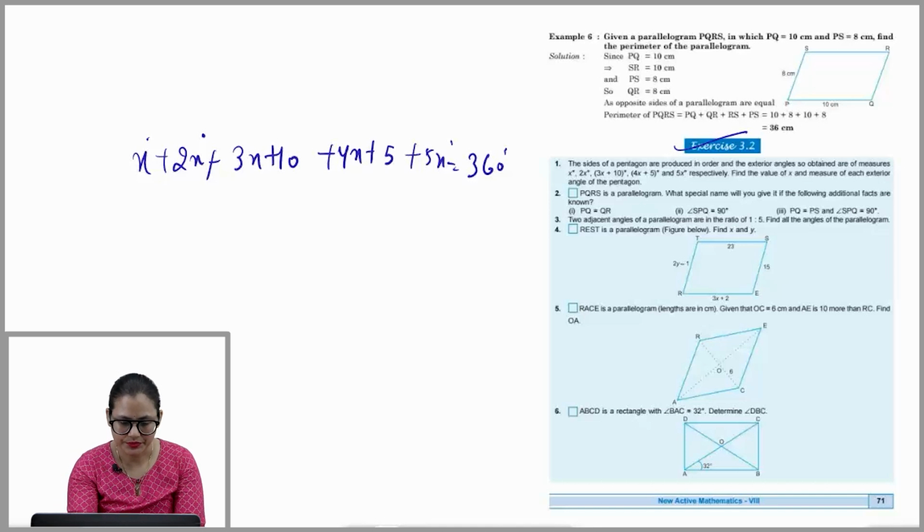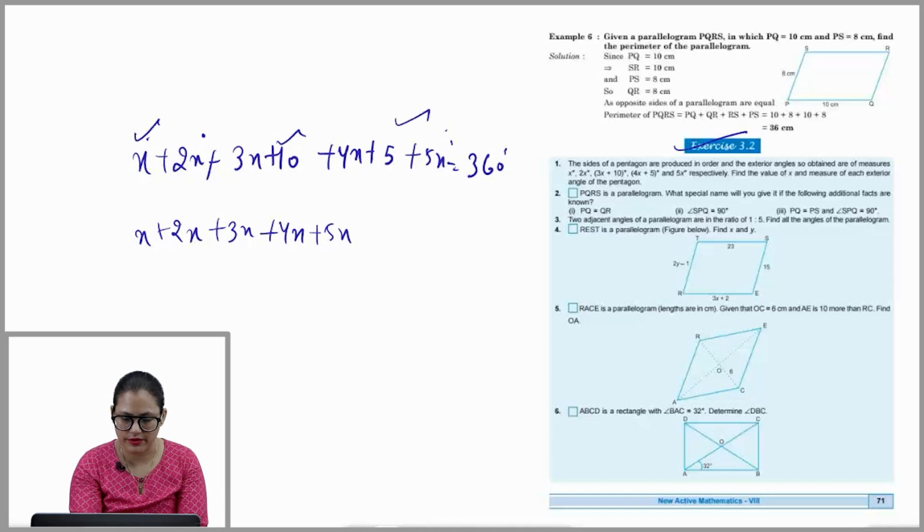Let's add x plus 2x plus 3x plus 4x plus 5x, then 10 plus 5. X plus 2x is 3x, plus 3x is 6x, and so on, giving 15x. 10 plus 5 is 15, which is equal to 360.